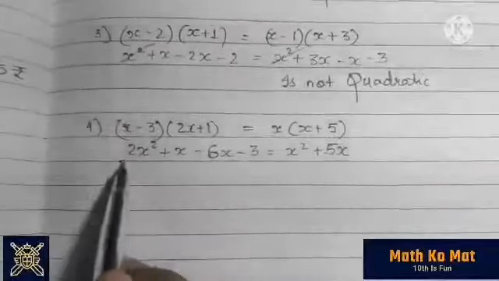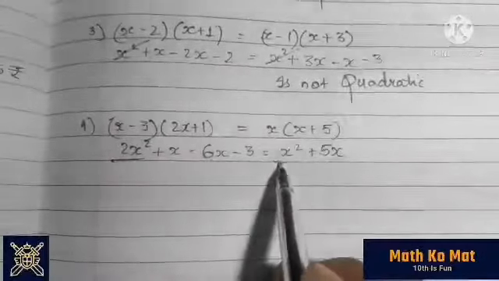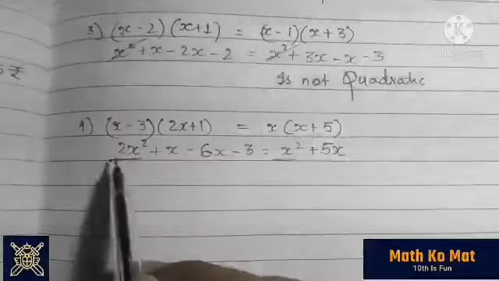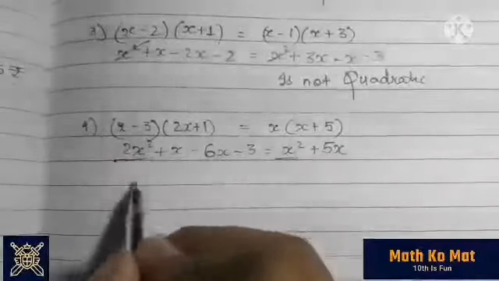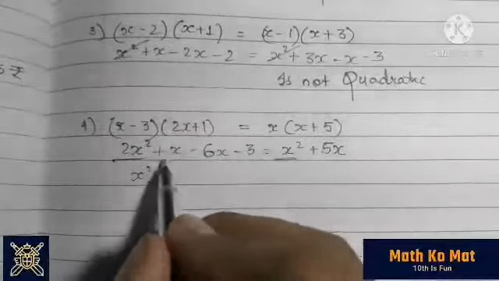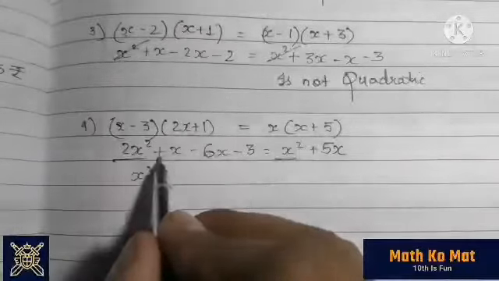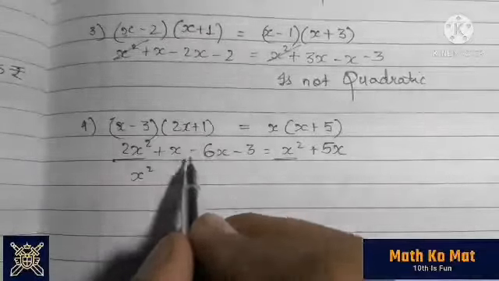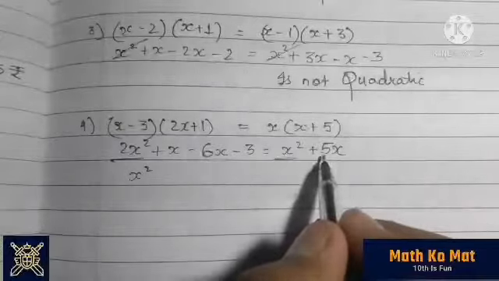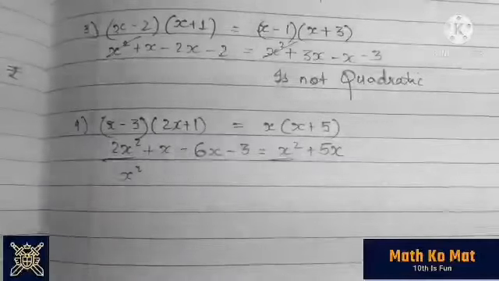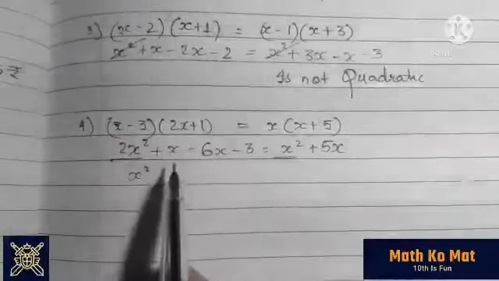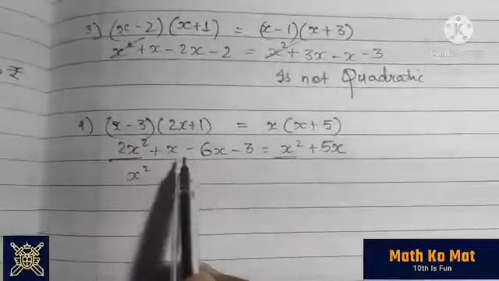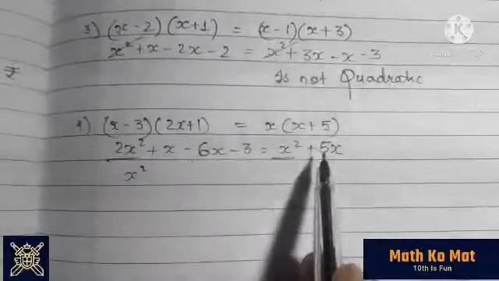As you can see, here you have 2x², but here you have 1x². So when you subtract this, let's simplify it. 2x² − x² will give you x². Here you have −6x + x, so −5x, and here you have +5x.